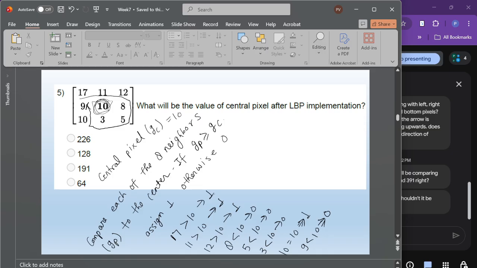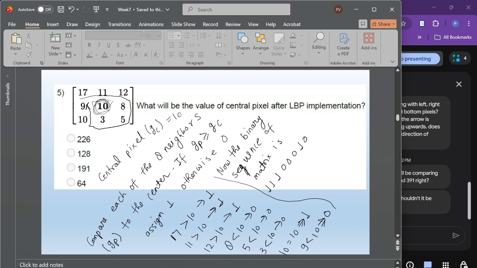So now we need to write this binary sequence. So now the binary sequence of the matrix is triple one, zero zero zero, 0010.